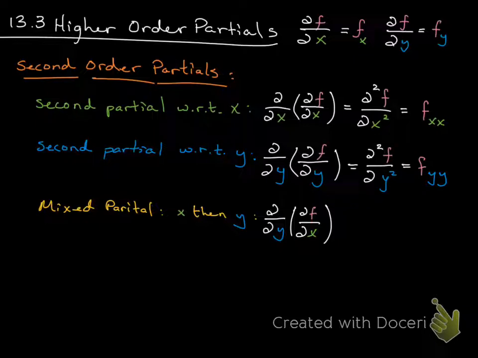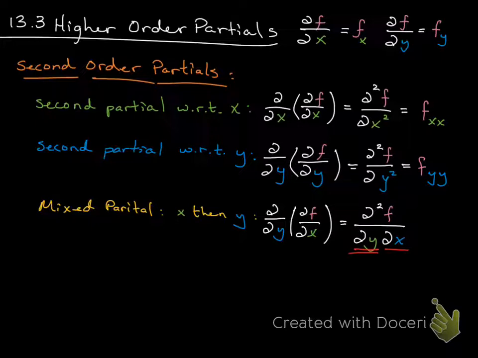When we write this with our partial squared notation, we have partial squared f. From left to right is kind of the opposite of the order that things happen. So I'm stacking things kind of from right to left. We take the partial with respect to y of the partial with respect to x. So in terms of order, we took a partial with respect to x and then a partial with respect to y.